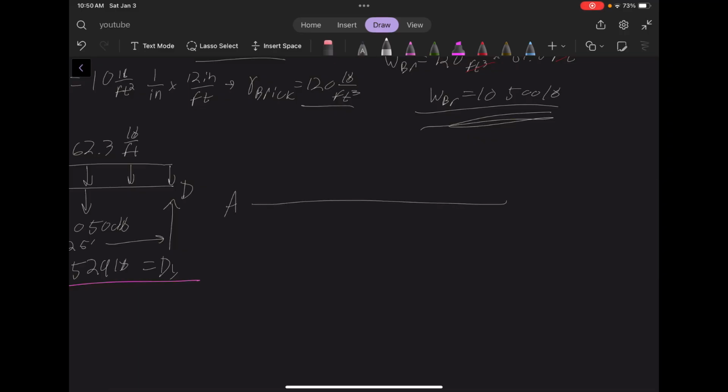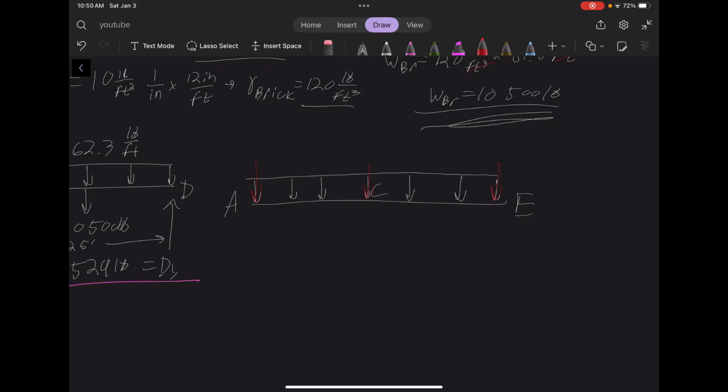So we have A, E, and again, I'm going to draw this in as point C. I should have labeled that earlier on the previous part of the problem, but okay, again, distributed load here. Let's go ahead and keep drawing a bunch of arrows. Okay, you have a distributed load. You have the reactions from the floor beams.